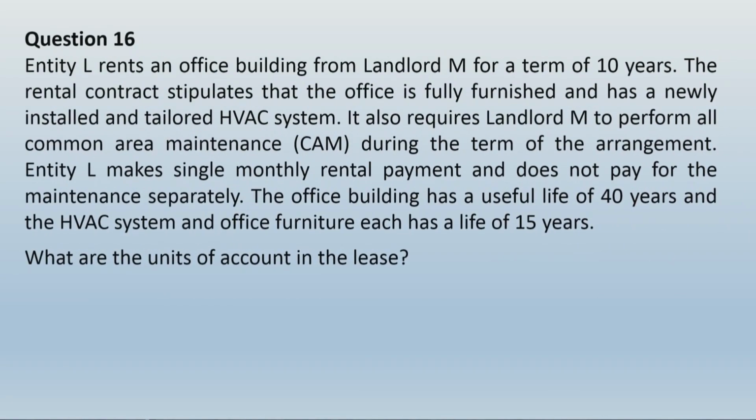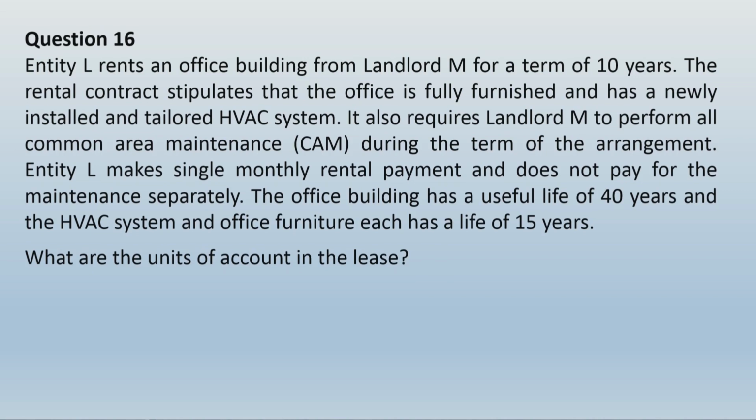Entity L rents an office building from landlord M for a term of 10 years. The rental contract stipulates that the office is fully furnished and has a newly installed and tailored HVAC system. It also requires landlord M to perform all common area maintenance during the term of the arrangement.